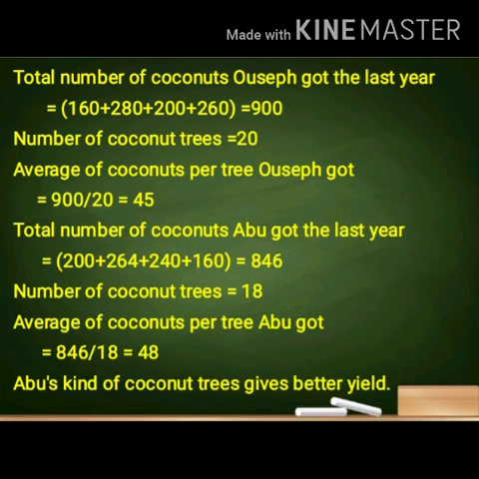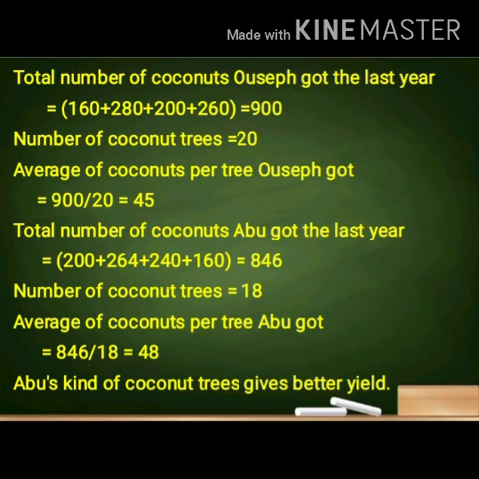What is the average of Abu? First of all, the total number of coconuts Abu got last year is 864, just adding those terms. And the number of coconut trees is 18. Here the average number of coconuts per tree Abu got is 48.